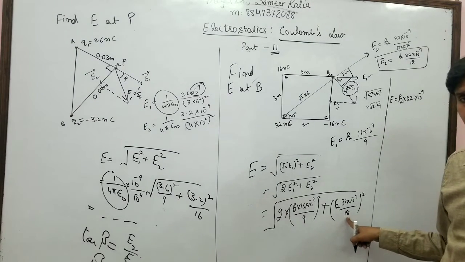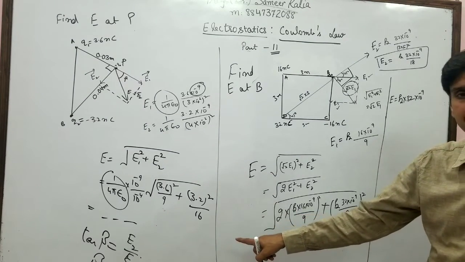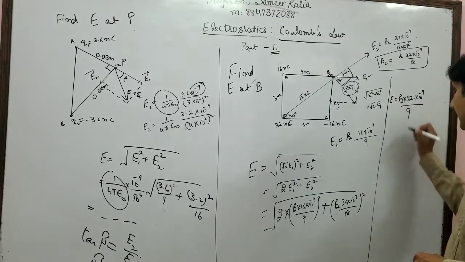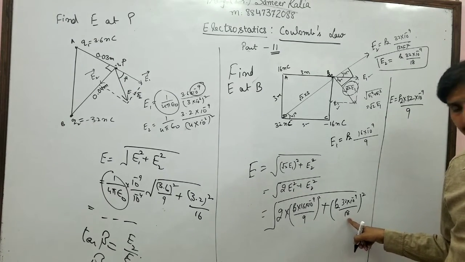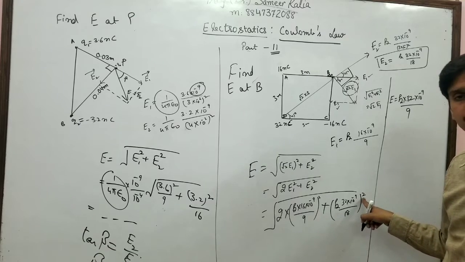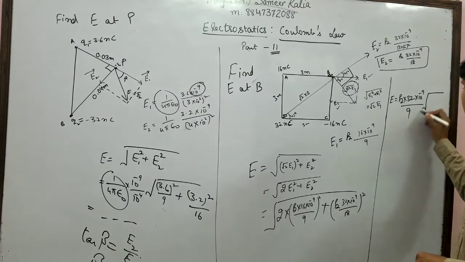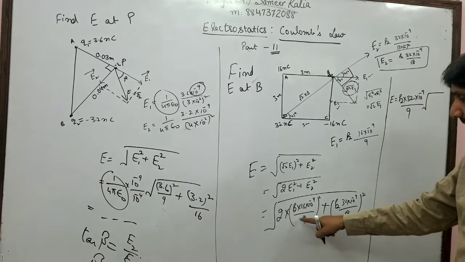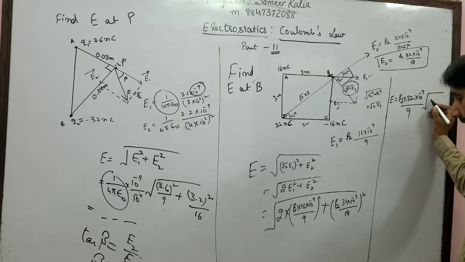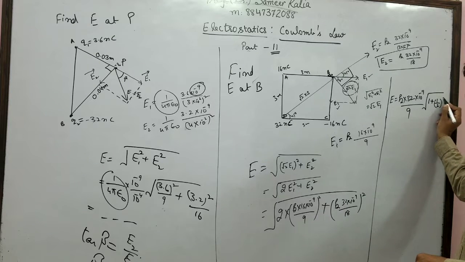So what can I do? I can take out 9, and what would remain inside would be factor 2 over here, and square of 2, it will become 4. This whole term is out of the square root, so I have got just 1 plus 1 by 2 square.